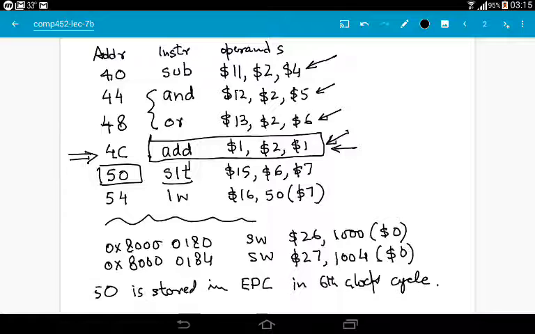Alright, so let's take a look at clock cycle 6. What will be the state of the pipeline in clock cycle 6? Let's take a look.